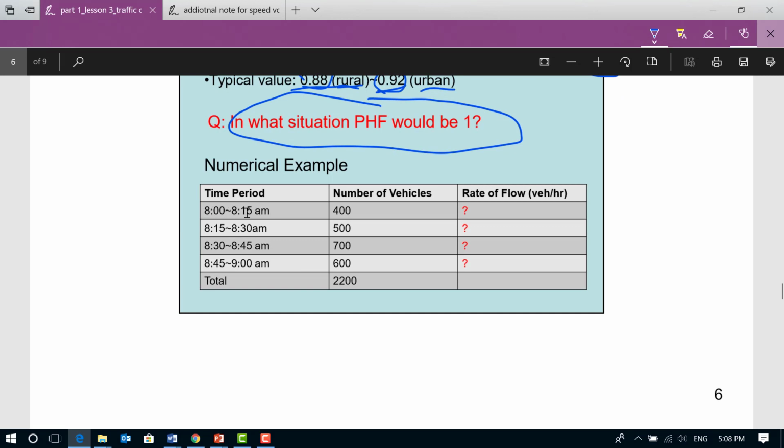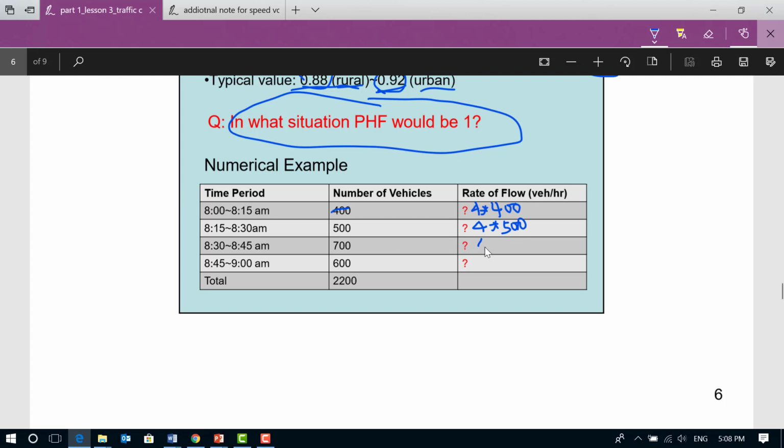Let's assume for the first 15 minutes, the number of vehicles is 400. And then the rate of flow will be equal to what? 400 times 4, so equals 1600. And then the second rate of flow will be 4 times 500, which is 2000.